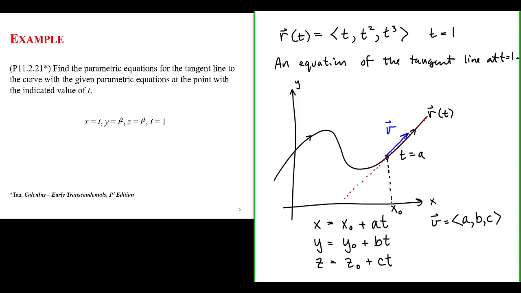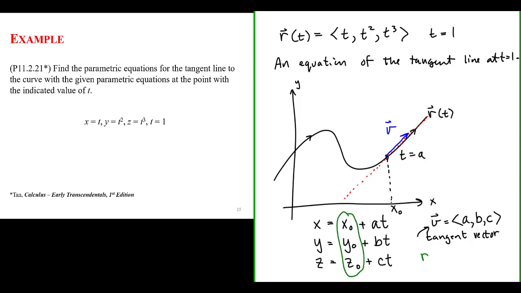With this said, we are looking for a vector v that is parallel to the line at the point A, or in other words, tangent. So this would be a tangent vector on the curve at the point we're interested in. And we also need a point on the line.